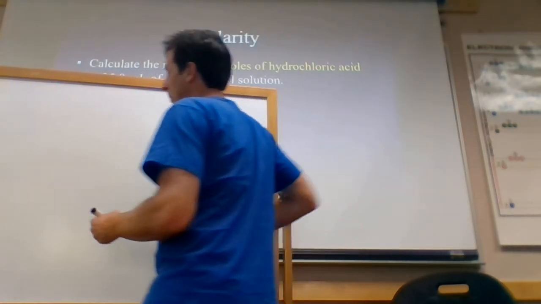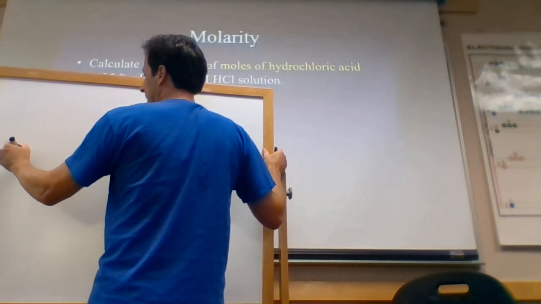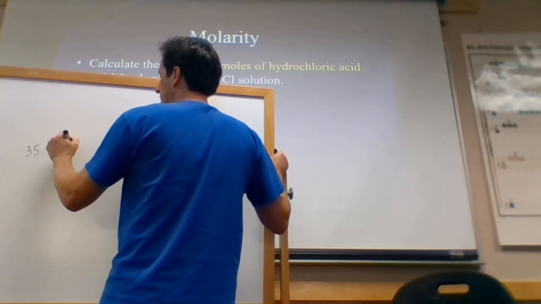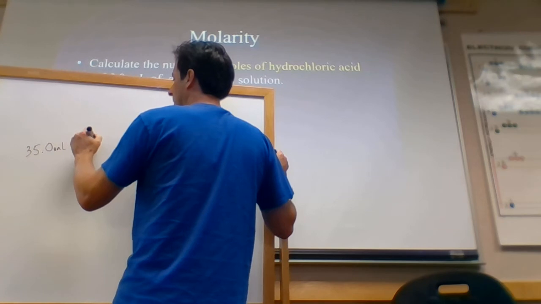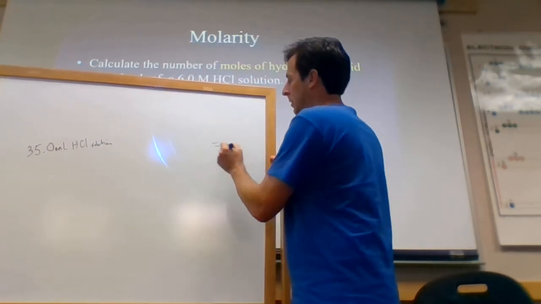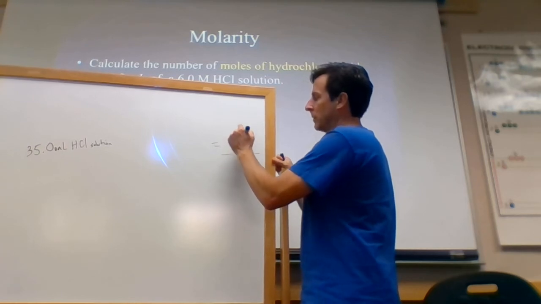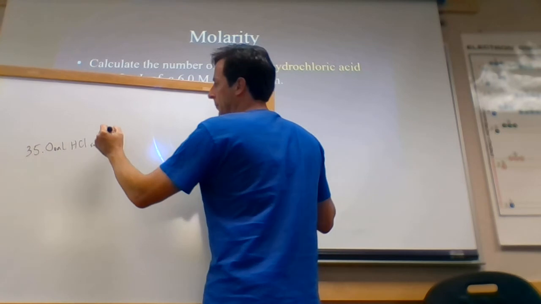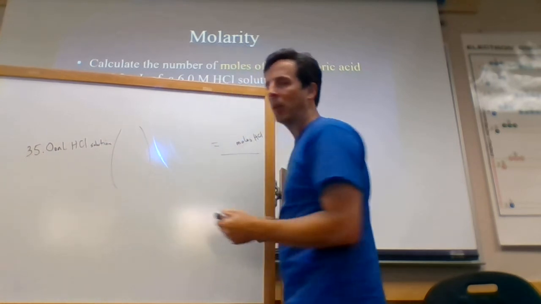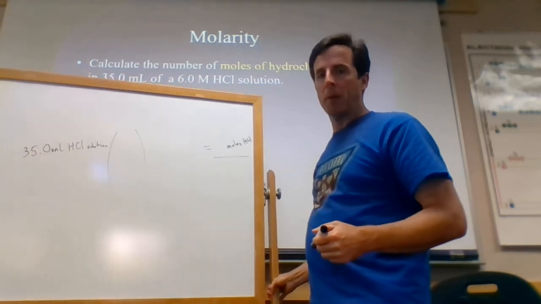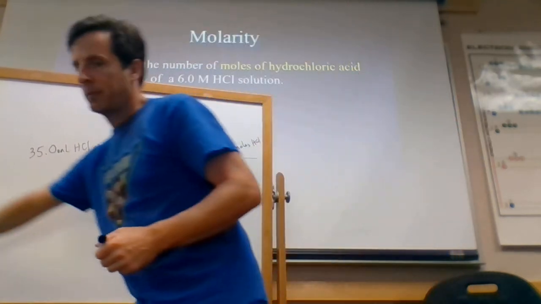I have the volume, which is 35.0 milliliters of the HCl solution. I want the moles of HCl. So, first of all, if I'm going to use molarity, it's very important that I remember molarity is supposed to be moles per liter.